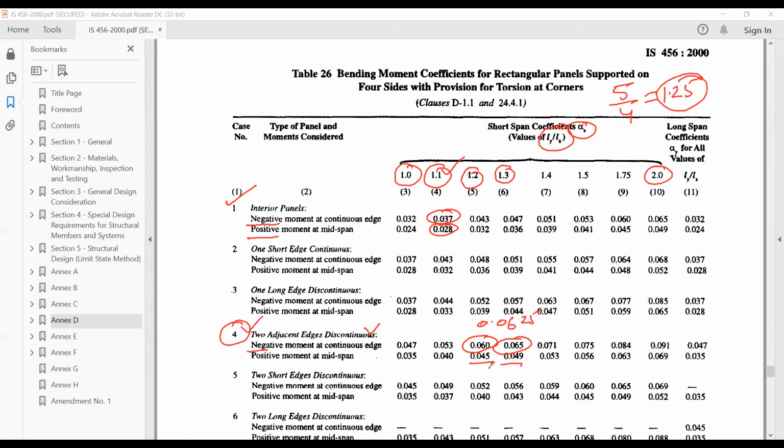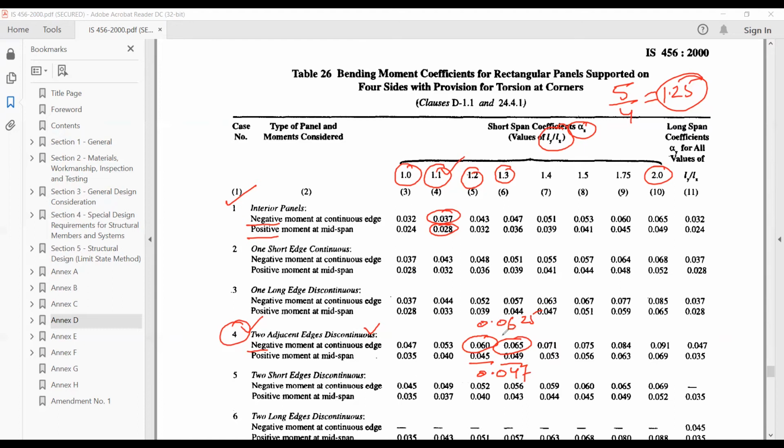So our value will be the average of these two values, because we are supposed to find out for 1.25. So it will be 0.047. By chance, if our value is other than 1.25, in that case we were supposed to find out these values using interpolation. Because here we can simply do the average and find out the value, there is no need of interpolation. That is why I am putting the values directly.